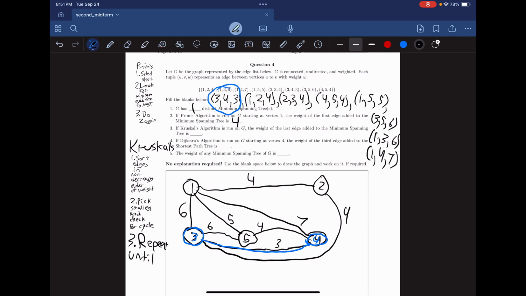You could say repeat until you've got an MST, repeat until you've spanned across all the vertices, or usually the easier one for computers to see is that repeat until you have v minus 1 edges, where v is the number of vertices that you have. If you have v vertices, a minimum spanning tree will always have v minus 1 edges because of the fact that you need one edge between. It works out. I'm not going to explain that right now.